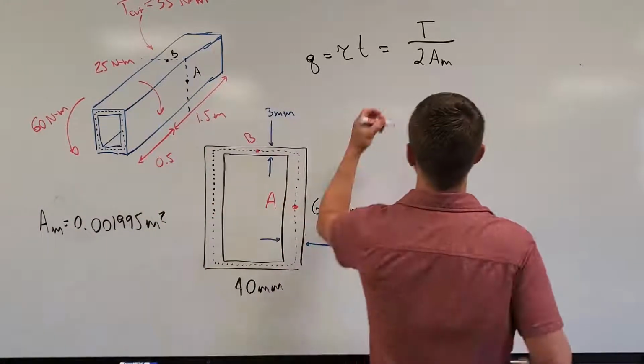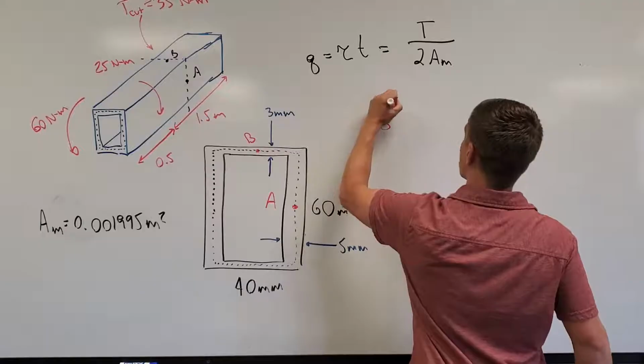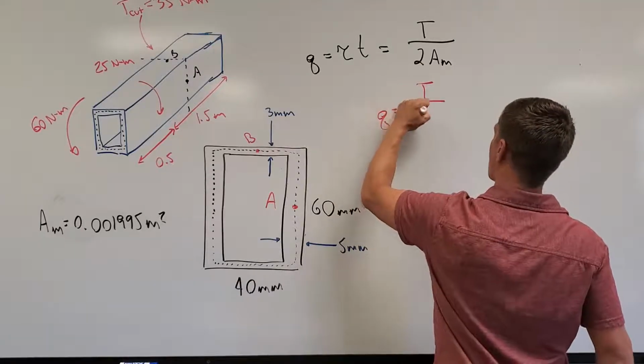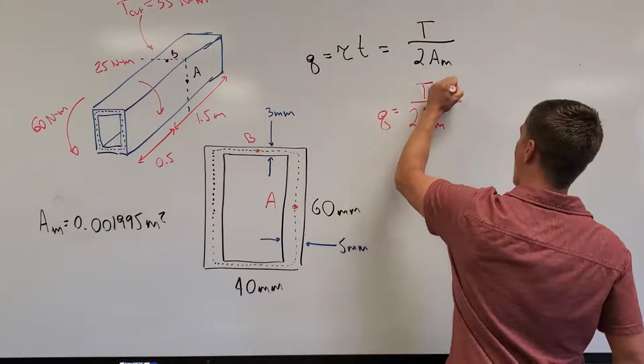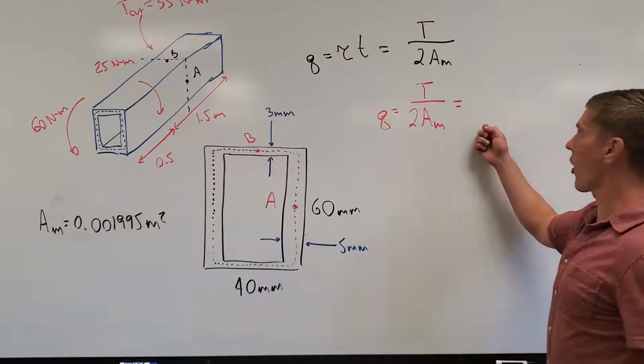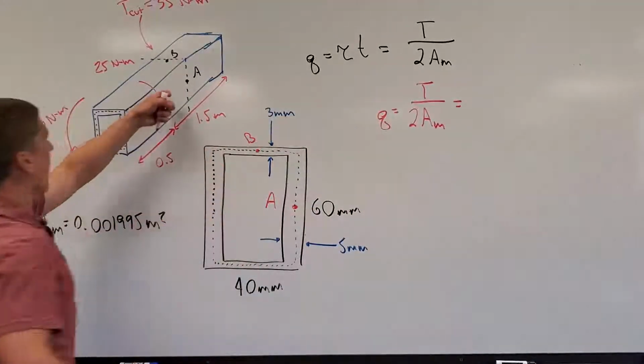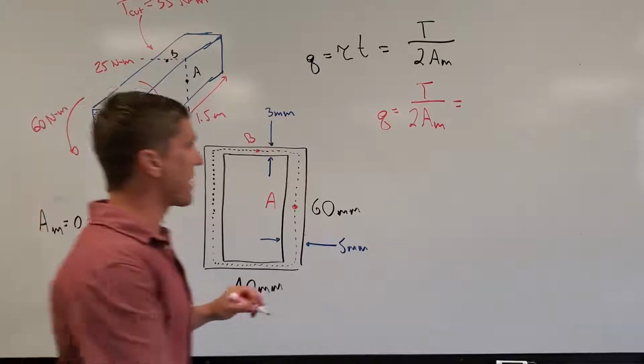Okay, so let's use our second expression for shear flow. We are going to say that our shear flow is equal to our internal torque divided by 2 times our mean area. We already found that our internal torque at the cut where A and B were located was 35 Newton meters.